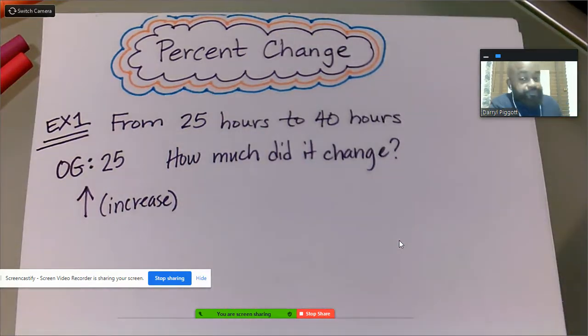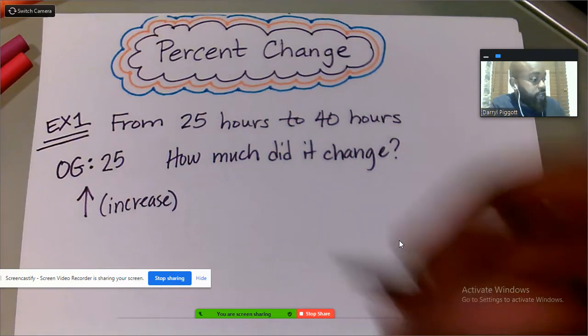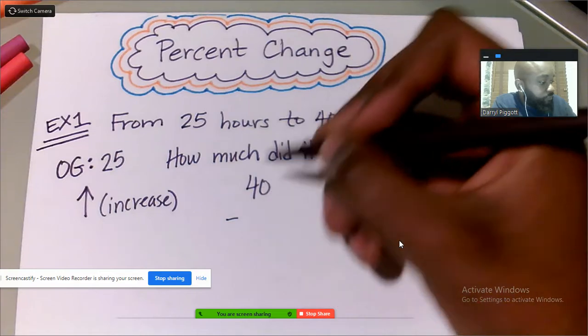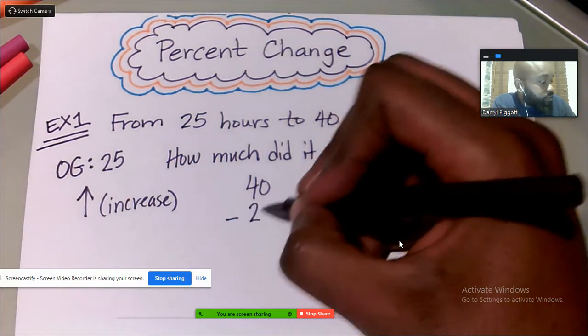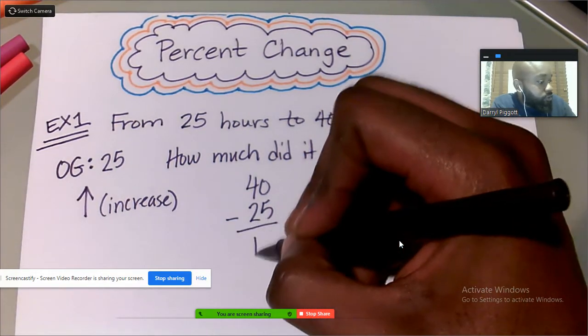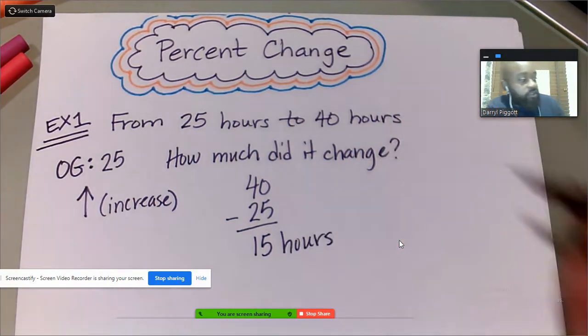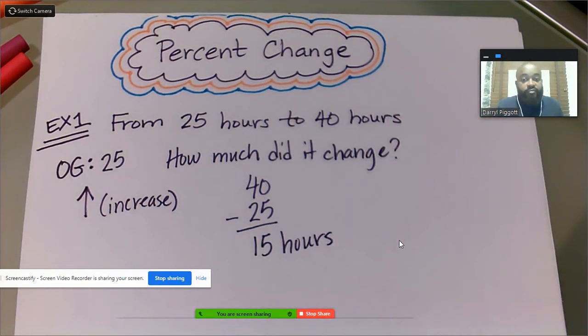Now we can get back to the question of how much did it change. And this is just a simple subtraction. So it went from 25 to 40. So if I subtract those, we see that we gained 15 hours. And I'm only saying hours because that's the unit we use in this problem.